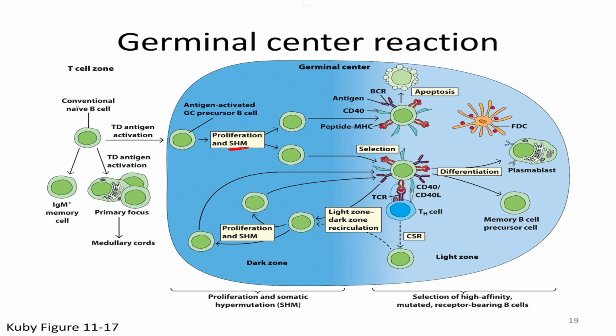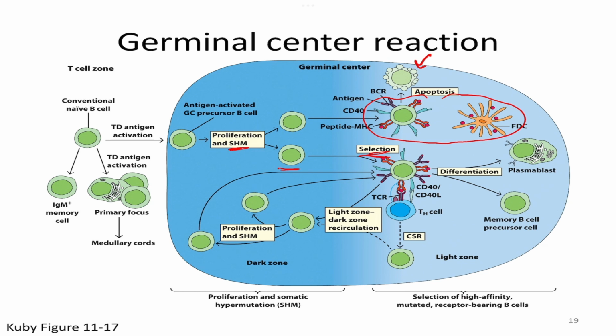So now we'll have lots of progeny B cells, and those progeny B cells will now test again with a helper T cell that's in the germinal center and a follicular dendritic cell. If we get bad signal or no signal, we'll undergo apoptosis. If we get a good signal, then that cell is going to continue to get signals.